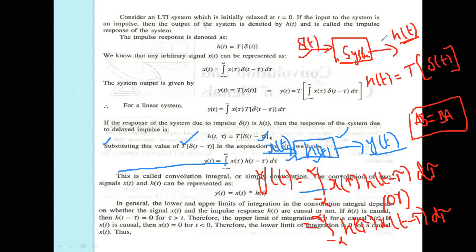Okay, my dear students. The impulse response, denoted as h of t, is equal to T of delta of t, because the delta of t signal passes through the system.